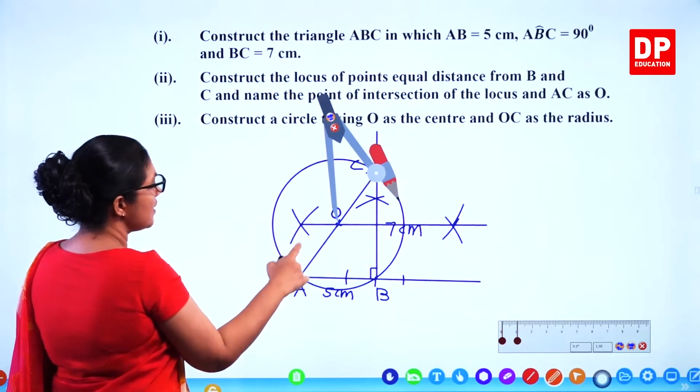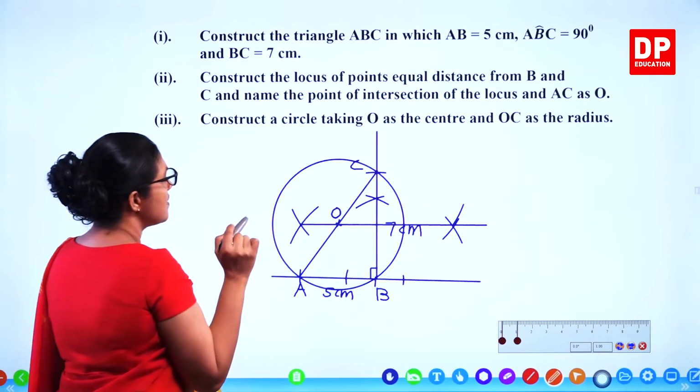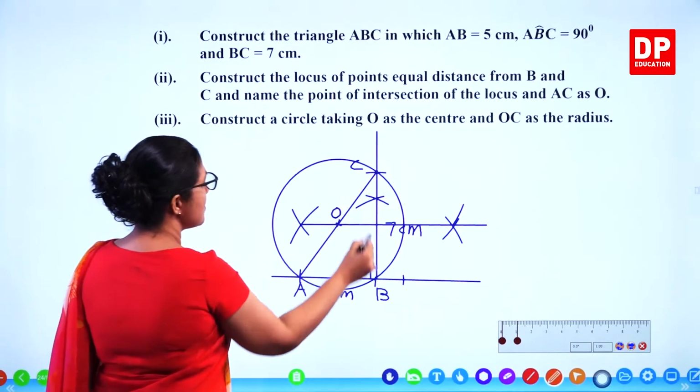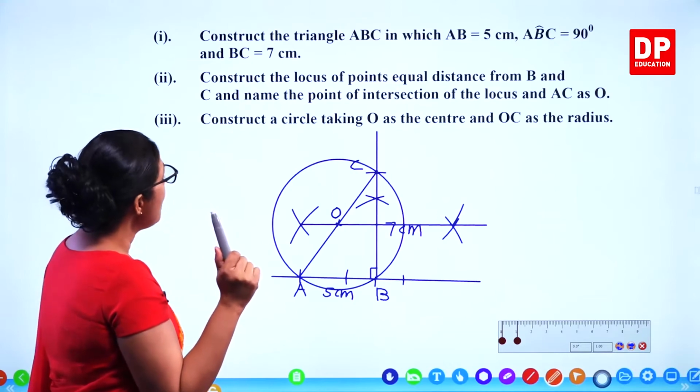So that's the circle, passes through A, B and C. Because this is 90 degrees, AC should be the diameter.